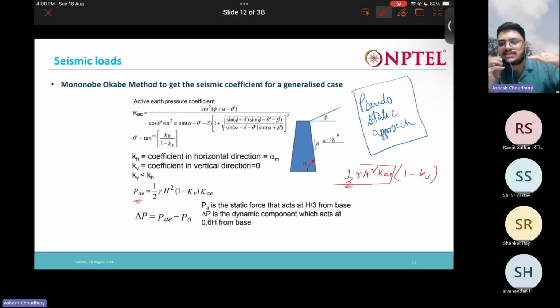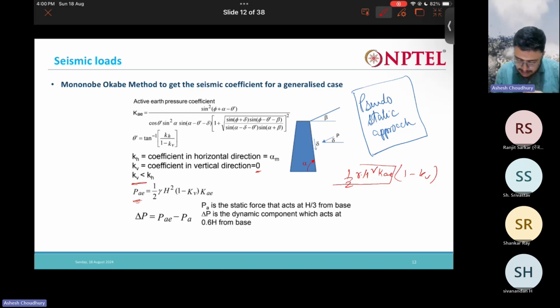If you are considering only the horizontal component, the earthquake will have no vertical component. So KV we generally consider 0, because it is very much lesser than the horizontal component, right? The horizontal component of the earthquake is very high compared to the vertical component. So generally we tend to ignore this case, okay.